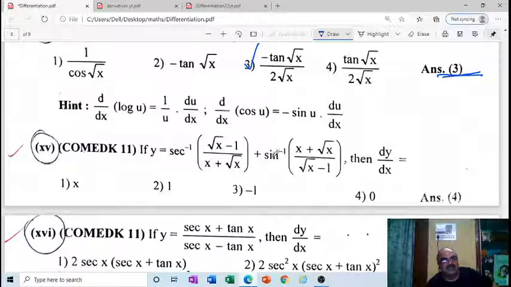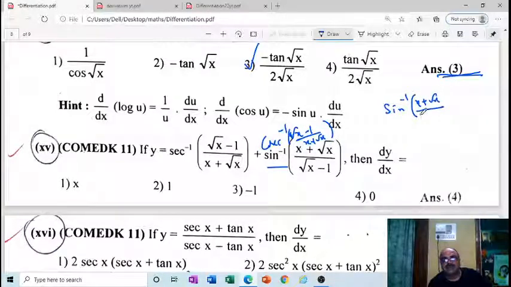Take the reciprocal of this, which becomes cosecant inverse of root x minus 1 by x plus root x. Sine inverse of x plus root x by root x minus 1 is cosecant inverse, because they are reciprocal to each other.